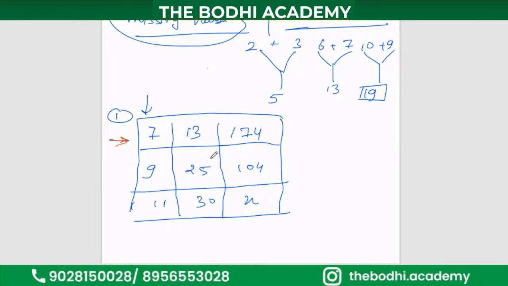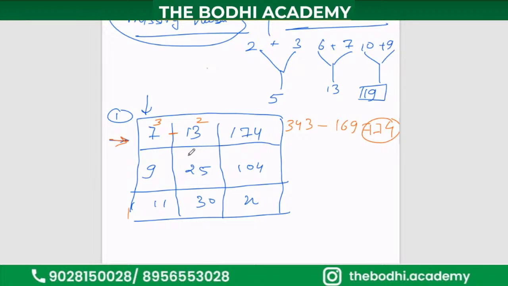What if I do 7 cube and 13 square? 7 cube is 343. 13 square is 169. Now 343 minus 169 gives 174. That means if we do the cube of the first number minus the square of the second number, we get 174.